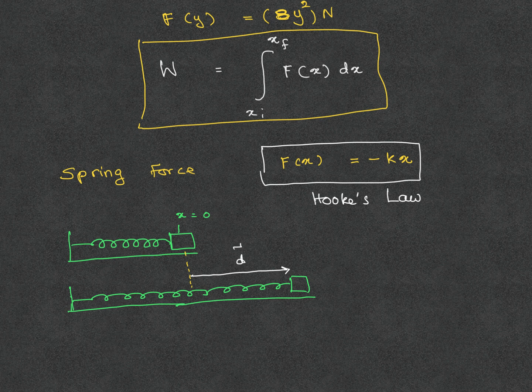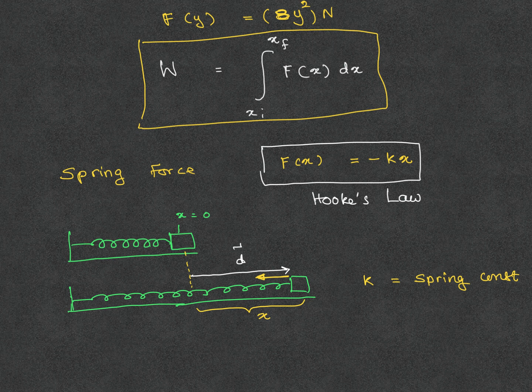So when you are expanding a spring in the rightward direction, the block experiences a leftward force, and that leftward force is what is called a resistive force, and that is why you see a negative value in front of Fx. And by the way, k is called the spring constant, as I mentioned earlier.